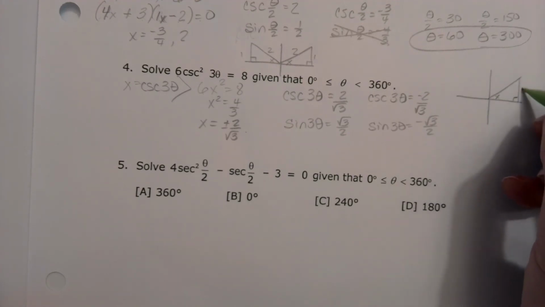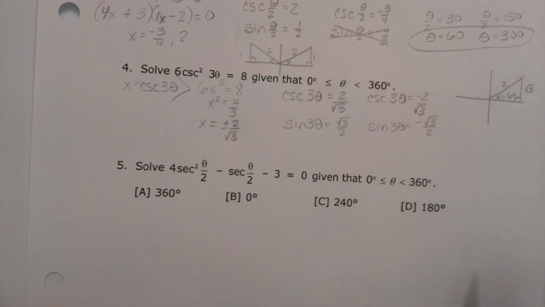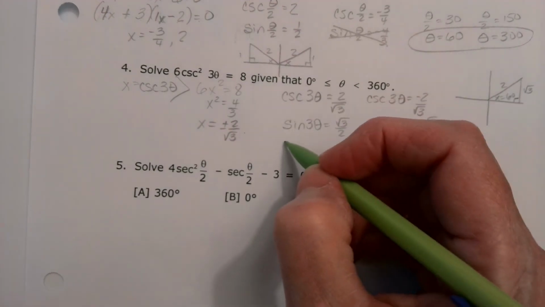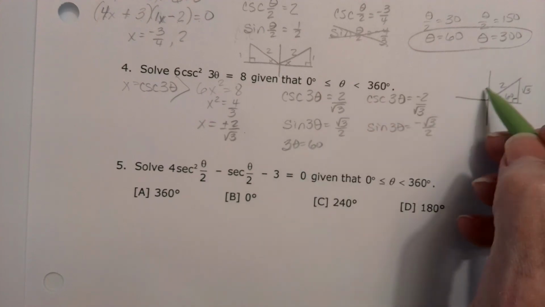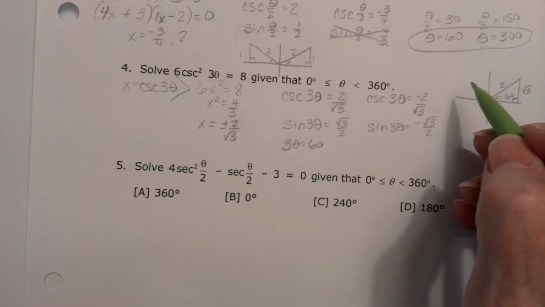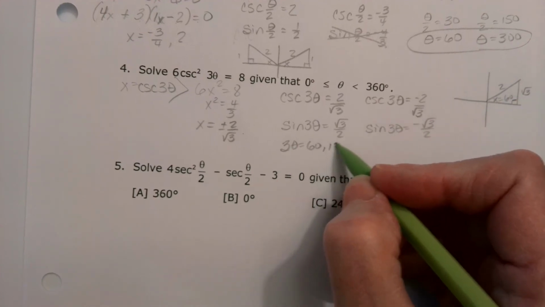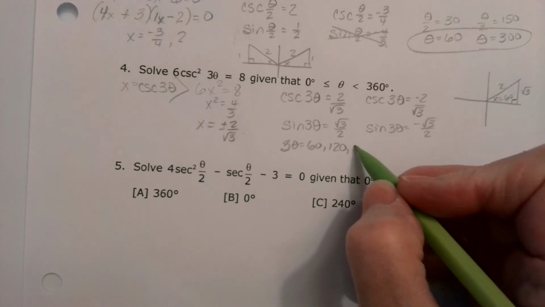So let's just draw one of them and figure it out. If sine is square root of 3 over 2, then that is obviously a 60-degree angle. So that means 3 theta is going to be 60, or it's going to be 60 in this quadrant, which is 180 minus 60, which is 120. Or it's going to be 60 in this quadrant, which is 180 plus 60, which is 240.